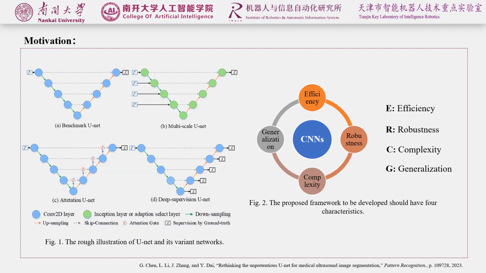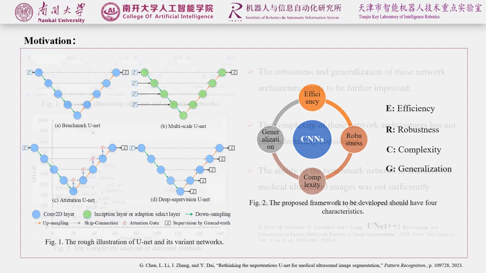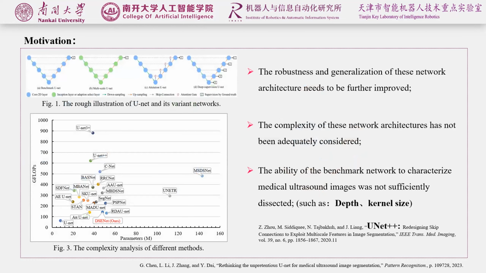Through the study of these variants, we have drawn 3 simple conclusions. The first, most methods are designed based on a single or specific task and rarely balance robustness and generalization. Therefore, the robustness and generalization of this network on ultrasound imaging need to be further improved.